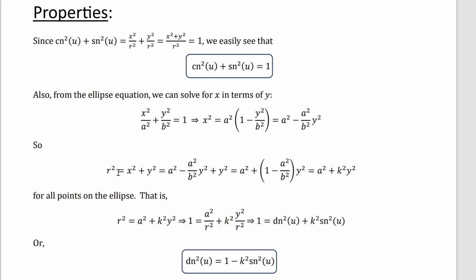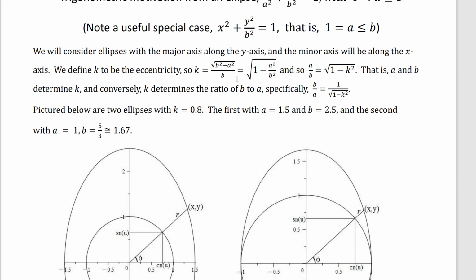And if we substitute that into the formula for r squared, x squared plus y squared, then I get this for x squared. And then I could essentially add 1 minus a squared over b squared times y squared. But that was for k squared, the eccentricity up here, right? So k is this. So k squared is 1 minus a squared over b squared.